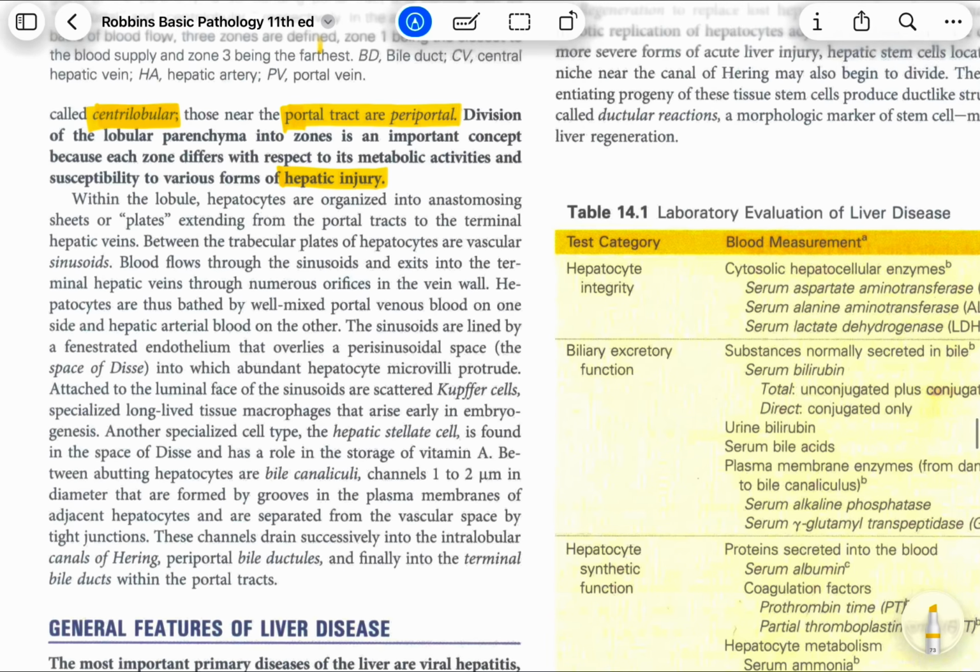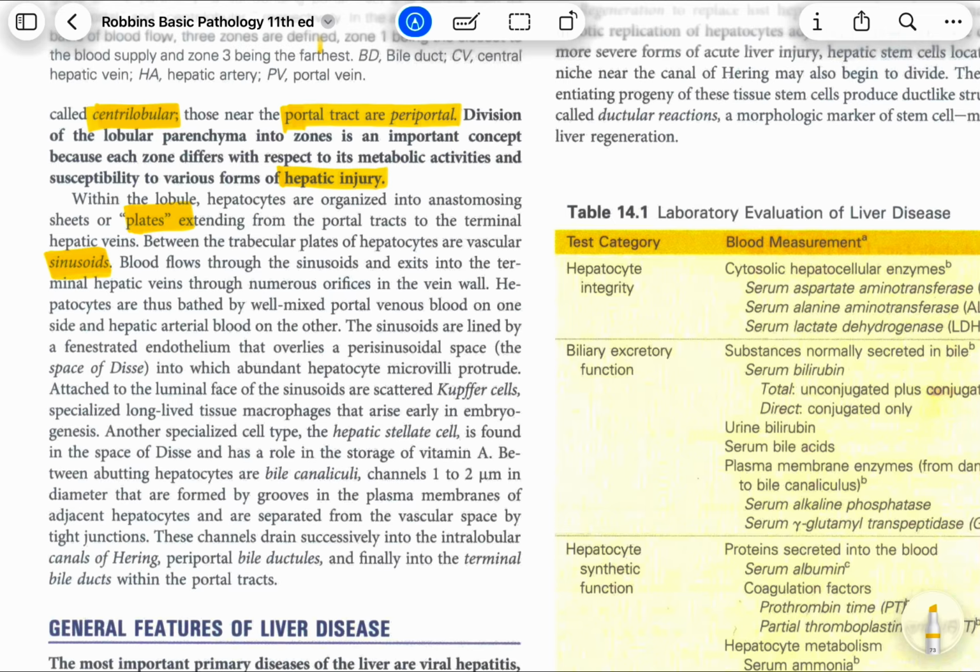Within the lobule, the hepatocytes are organized into anastomosing sheets or plates extending from the portal tract to the terminal hepatic vein. Between the trabecular plates of hepatocytes are the sinusoids. Blood flows through these sinusoids and exits into the terminal hepatic vein through numerous orifices in the vein wall.